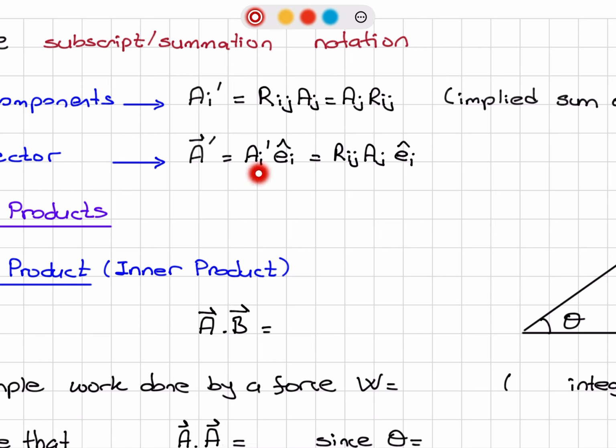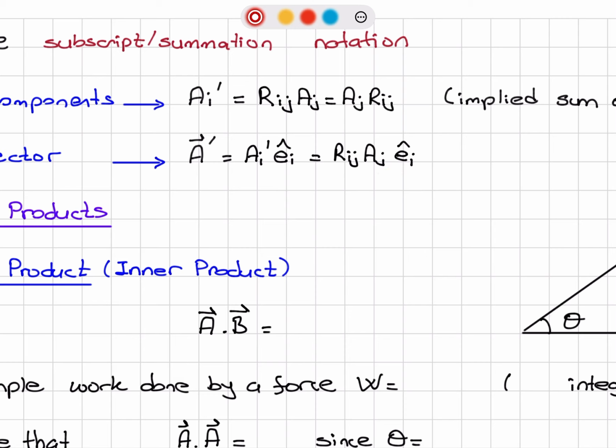So the i index, repeated index, implies we have summation. So this is A1 prime E1 hat, A2 prime E2 hat, A3 prime E3 hat, all added together. And where the Ai prime is Rij Aj, so that also implies summation over this index j.